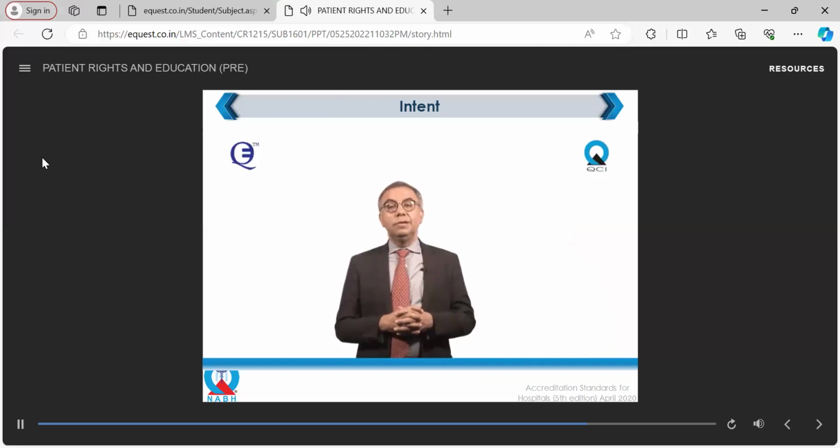So the tariff list should be displayed or should be readily available at the admission desk or the other registration counters as applicable. So patients are educated about the mechanisms available for addressing the grievances, and there needs to be a mechanism to capture the patient's feedback, including the patient satisfaction.